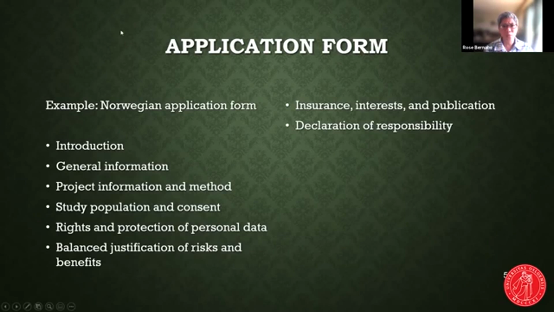So introduction, who are the researchers? What's this research? General information, project information and method, study population and consent, rights and protection of personal data, balanced justification of risks and benefits, insurance, interest and publication, and declaration of responsibility.